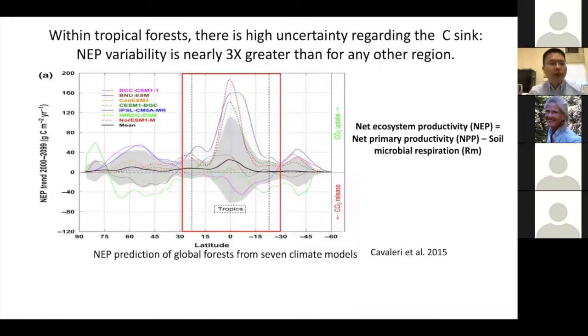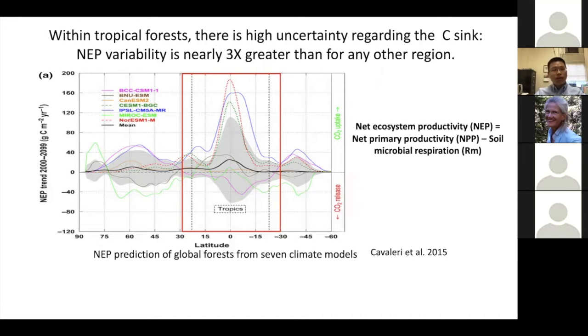However, in models, there is still high disagreement about the carbon sinks in tropical forest. In models, the prediction of NEP variability is nearly 3 times greater than for any other.